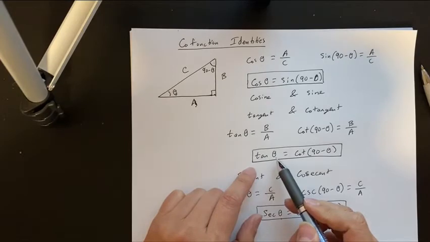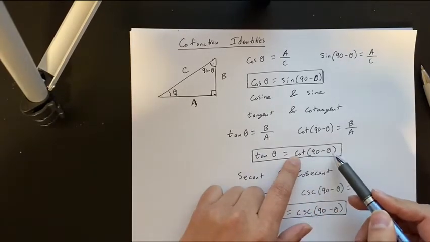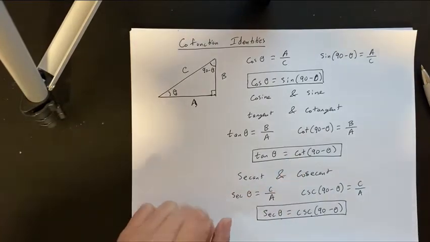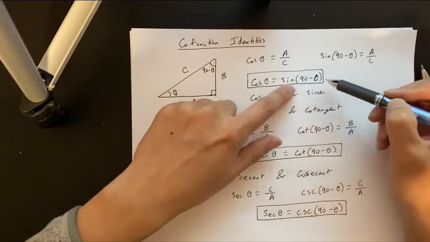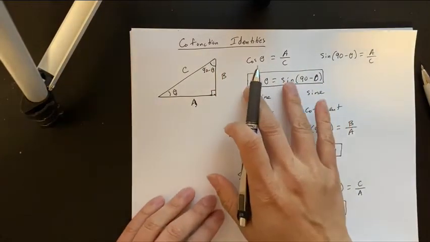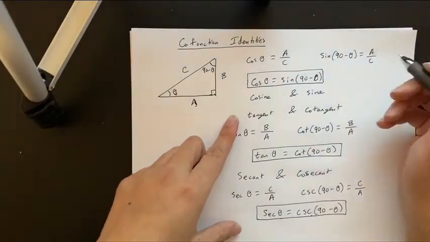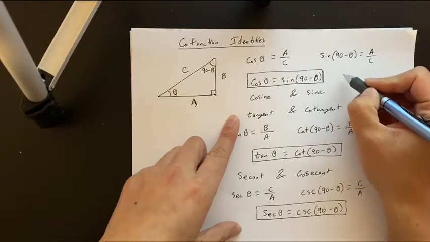Tangent of theta is the same thing as cotangent of 90 minus theta. Cosine of theta is the same thing as sine of 90 minus theta. And you can actually switch them around. Maybe you should try to prove the last three here.